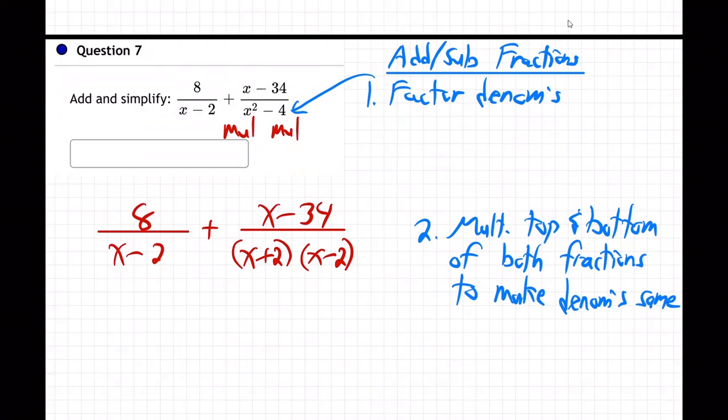We've got to get common ground, common denominators. We've got to make the bottoms the same, don't we? So, all right, how do we do that?